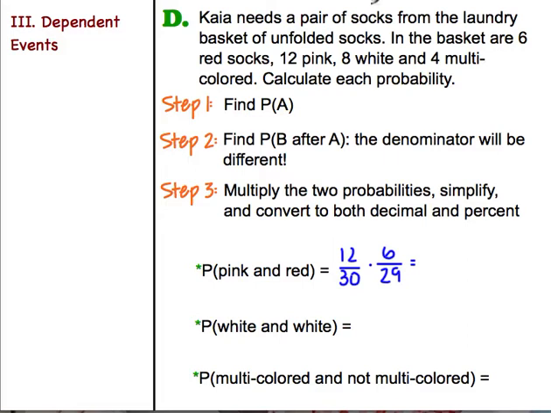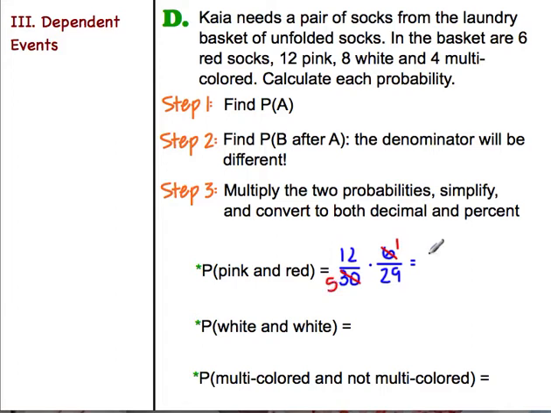So I can take 30 and 6 and divide them by 6, which gives me 5 and 1, which is going to make my life a whole lot easier to multiply.